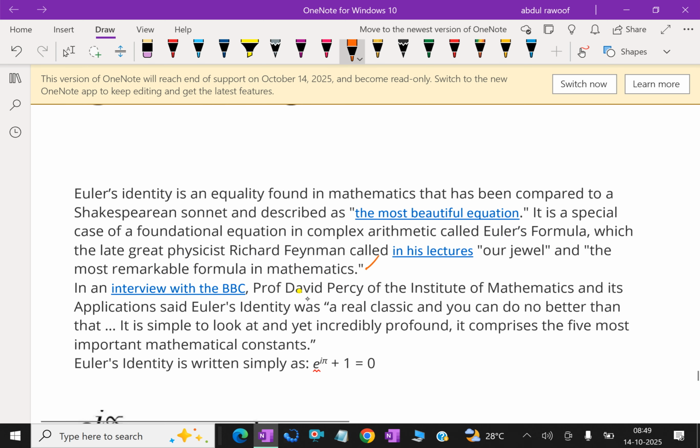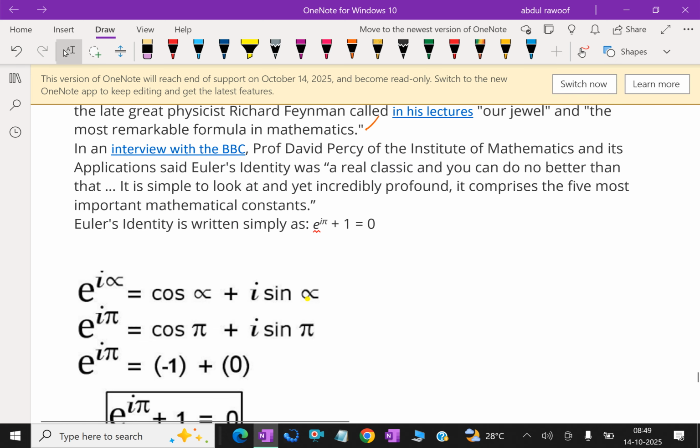In an interview with the BBC, Professor David Percy of the Institute of Mathematics and its Applications said Euler's identity was a real classic and you can do no better than that. It is simple to look at and yet incredibly profound. This comprises the five most important mathematical constants.